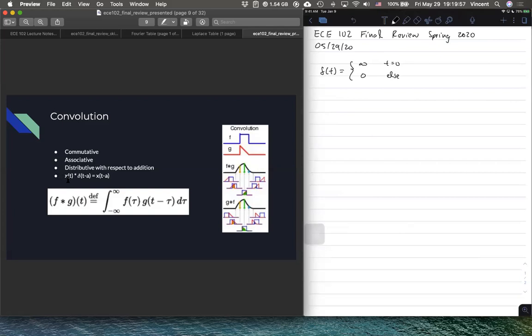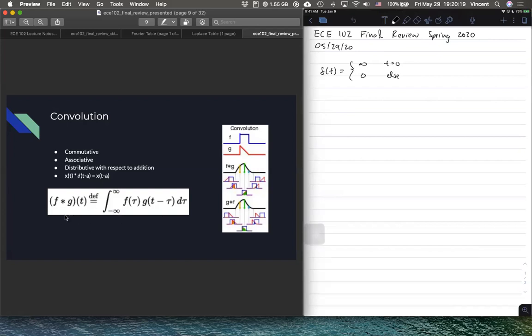Another important property is the sifting property. If you have a signal x of t and you convolve it with a delta function located at time a, you'll produce a shifted version of the input signal by the same amount.